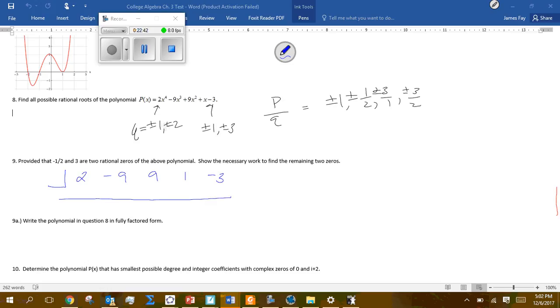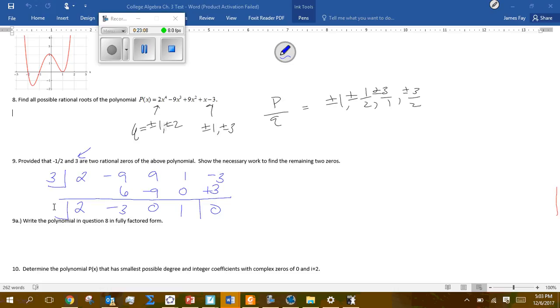So this is the way I would do it. If I know 3 is a 0, I'm going to put 3 there, put my 2 down, 6 gives me -3, this gives me -9, gives me 0, 0, 1, +3 there, +3, and that gives me a 0.